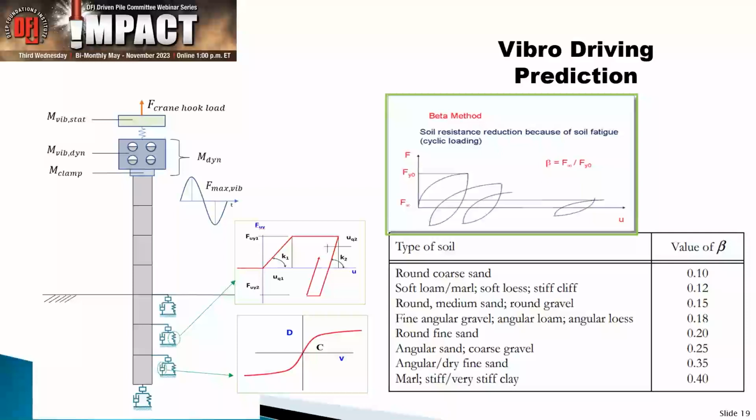Now, when we do that modeling, again, there are a couple of minor differences compared to impact driving. Well, first, on the left-hand side, you see the combination of the spring and the dashpot. The dashpot is the damper, describing the effects when it comes to the velocity. And most of the time we have some kind of exponential relationship between the two.